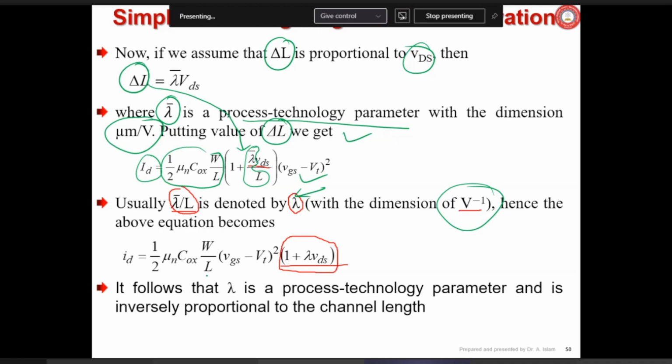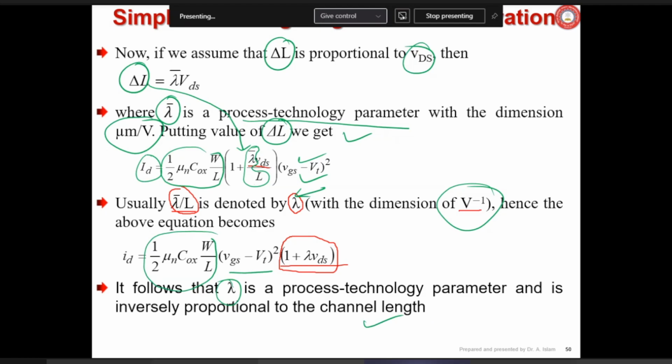Hence, the above equation can be written as mu n C_ox W by L by 2 (VGS minus VT) whole square, that is this term, multiplied by 1 plus lambda VDS, because you have replaced lambda bar by L with lambda. It follows that lambda is a process technology parameter and is inversely proportional to the channel length.